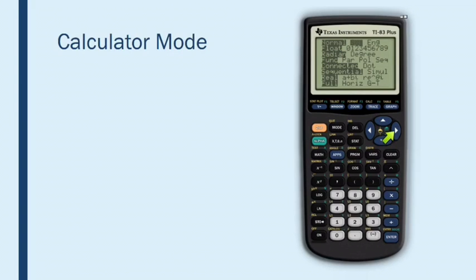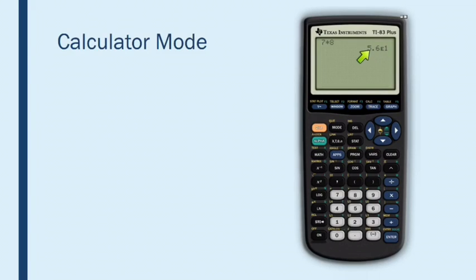But I'm going to put it in scientific mode for just a minute and show you what that looks like. And now let me do second quit to get out of that screen. Okay, with the calculator in scientific mode, if I do 7 times 8, for example, the answer, of course, is 56, but the calculator does not display it as 56 that we would recognize.